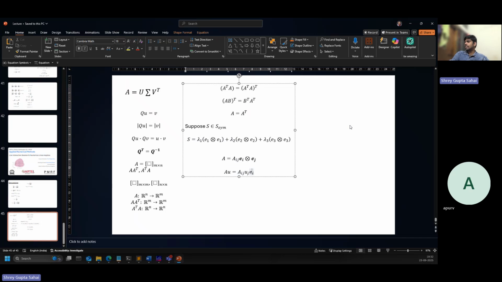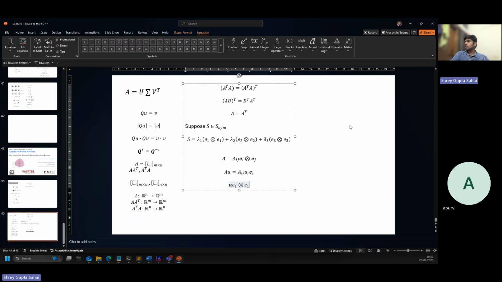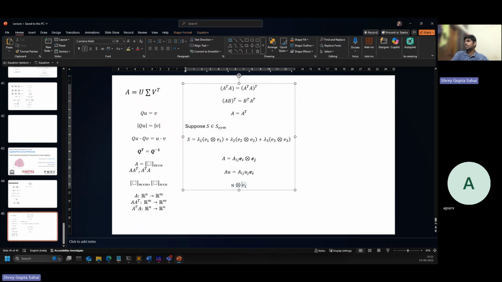Actually, I'll just write this down. What does this dyadic product mean? It's a tensor that you can form using two vectors.